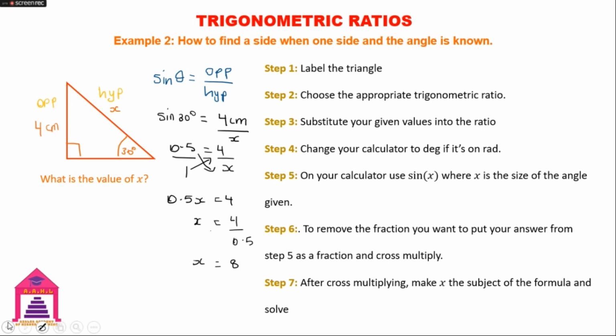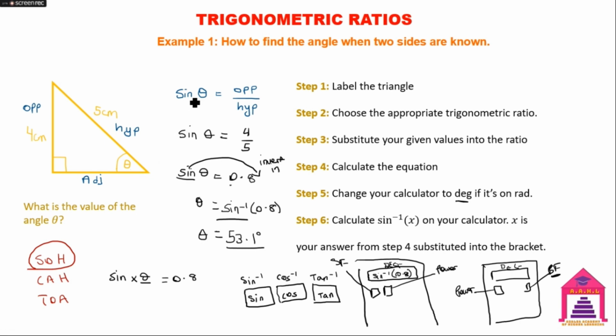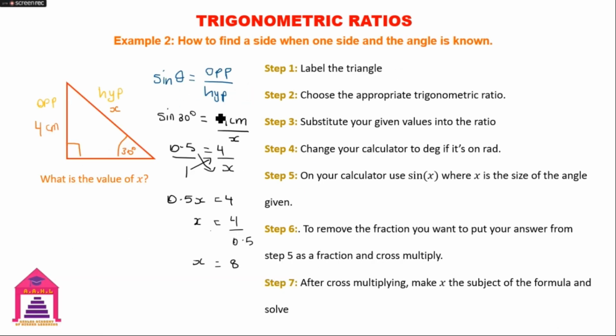Now, this example was showing you what to do to find the angle when two sides are known. Now we want to know what to do to find a side when we don't know one of the sides, but we know what the angle is.